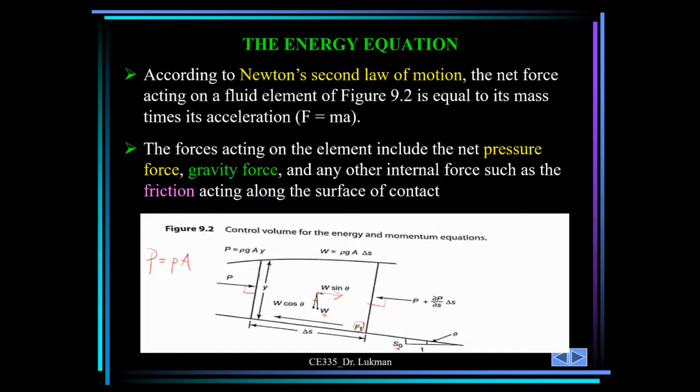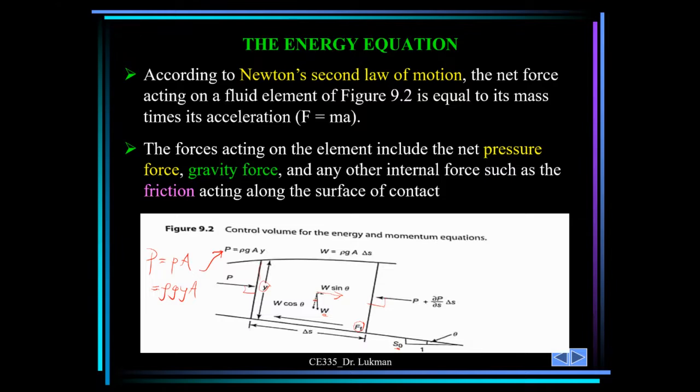As we have seen in fluid mechanics, the gauge pressure is given by rho g h, and h in this case is y. Then we multiply by the area. So P equals rho g A y, which gives the pressure force.